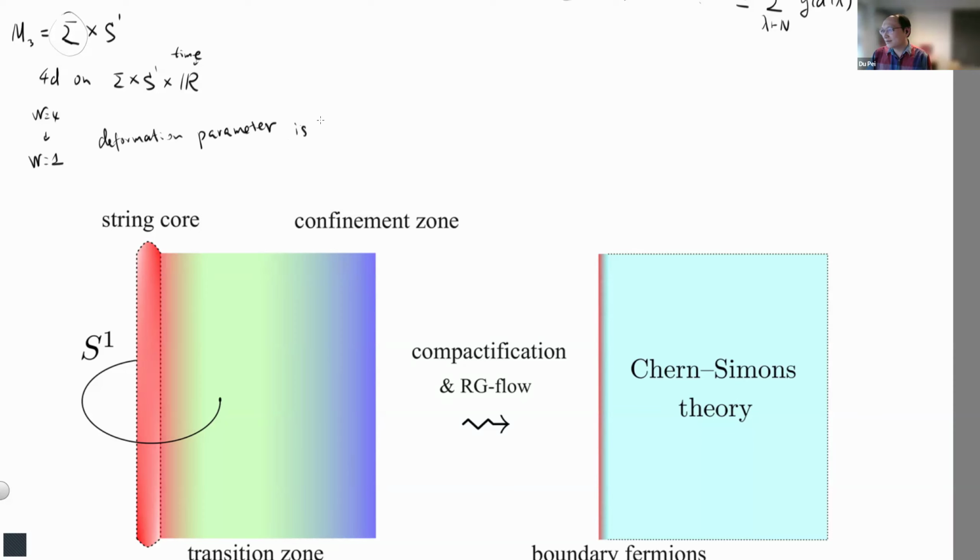So it's not just a number, it's in fact a certain form. And in particular, one can choose one such that it's parameterized by a holomorphic differential.